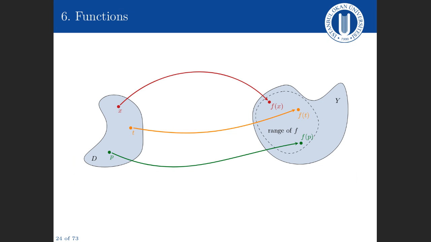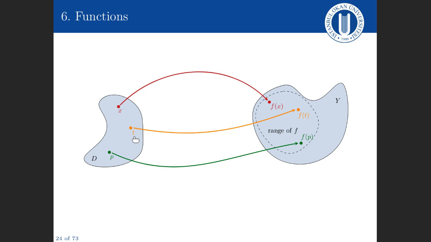You might think of a function like this. We have two sets, D and Y, and the function maps each number in D to some number in capital Y. So we have some number x, and the function then gives us some number f of x.